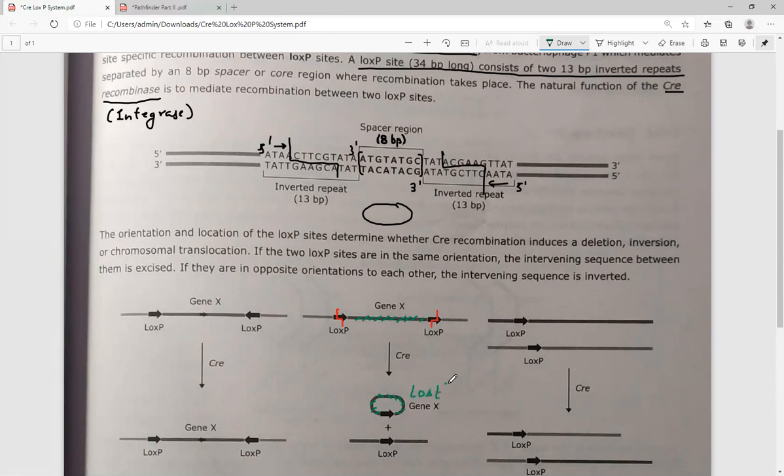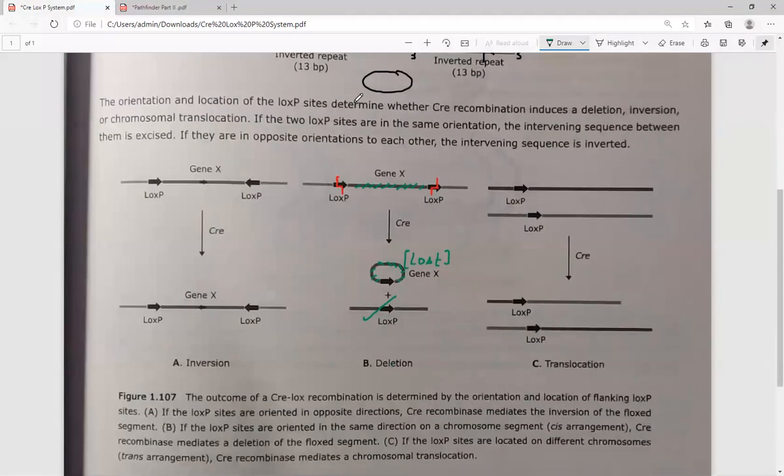This is the gene X which is going to be lost. Any doubt? So whenever the LOX sequences or the inverted repeat sequences flank a particular gene of interest, then the gene of interest could be lost by the process of recombination. This is referred to as the Cre-Lox recombination procedure.